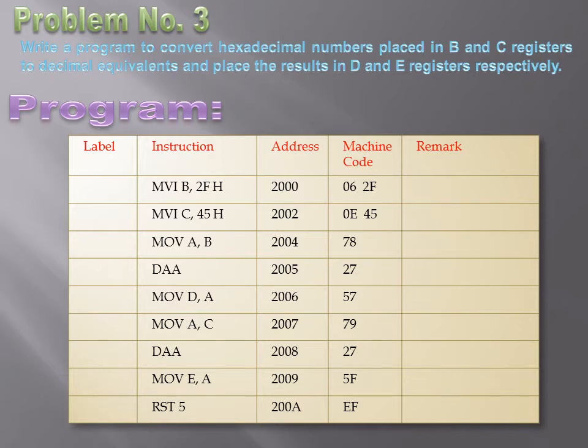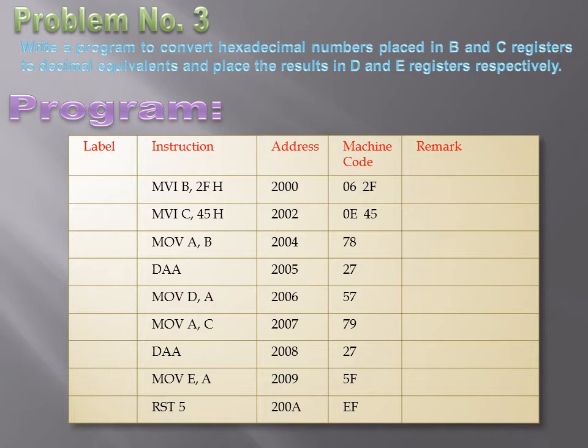So 2F and 45 are the data in registers B and C. Every byte is to be converted individually to its decimal equivalent and then transferred to registers D and E. First we transfer the register B contents to the accumulator, because the DAA will take place in the accumulator.